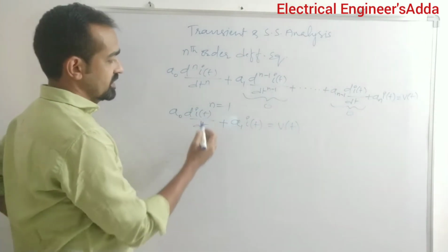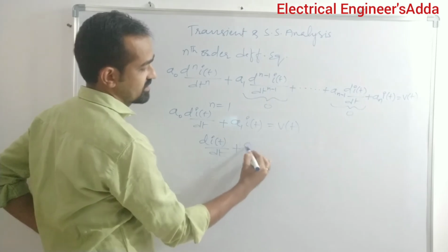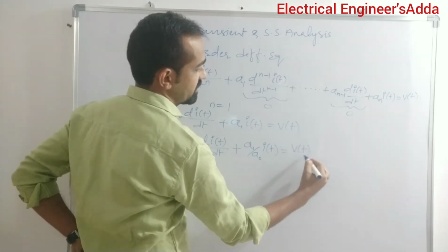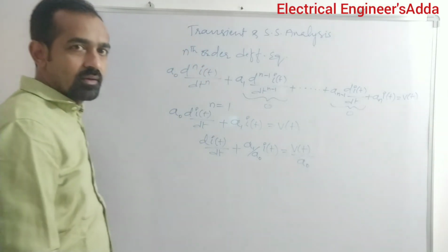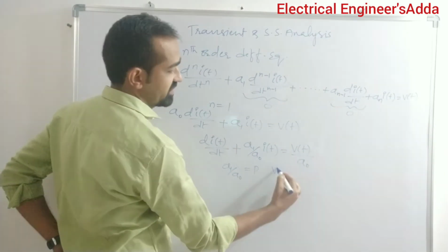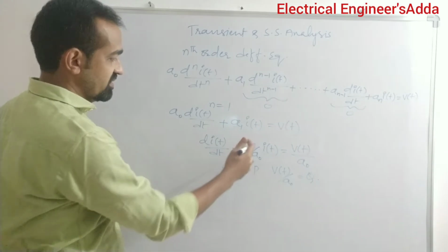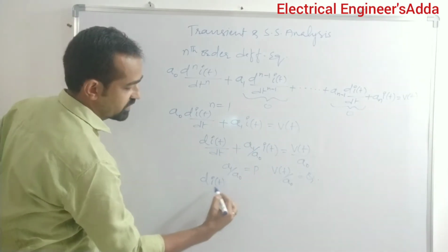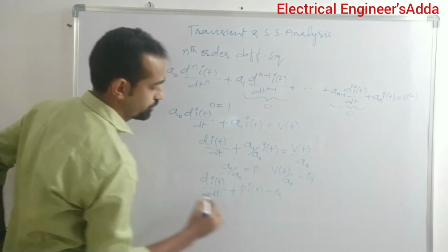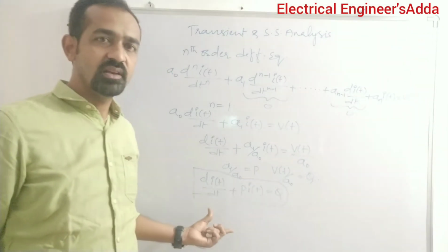This can be rearranged as di(t)/dt plus (a1/a0) i(t) equal to v(t)/a0. Let us consider a1/a0 as p and v(t)/a0 as q. So this equation becomes di(t)/dt plus p i(t) equal to q.